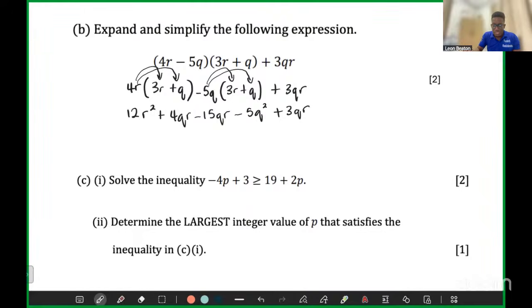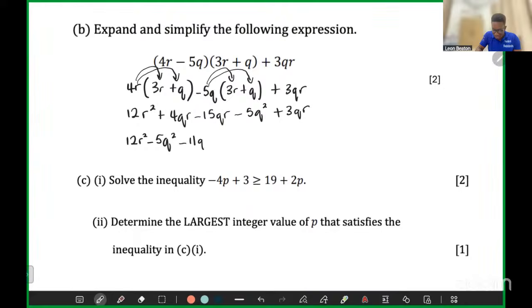So let's put the like terms together. Like terms are all the terms that have the same variable raised to the same power. So we can put all these squared terms first. This will be 12r squared, then minus 5q squared. And then we can put all these like terms together here. So this would be plus 4qr, and we can minus this one, so 4 minus 15 should give us a negative 11.